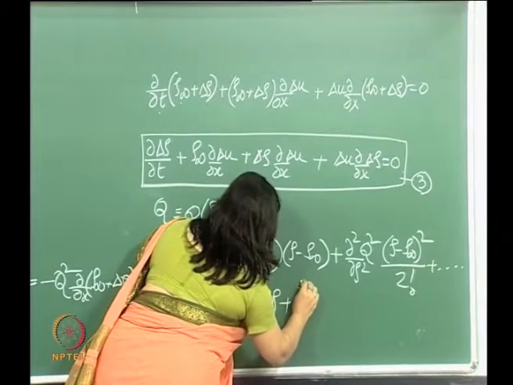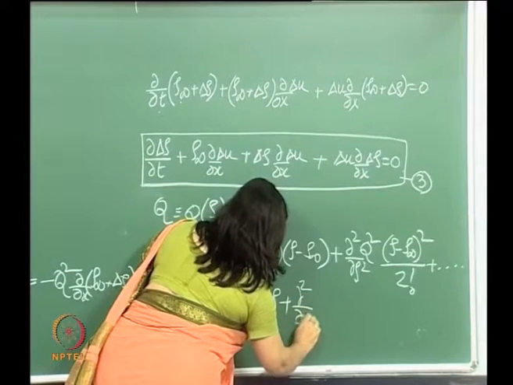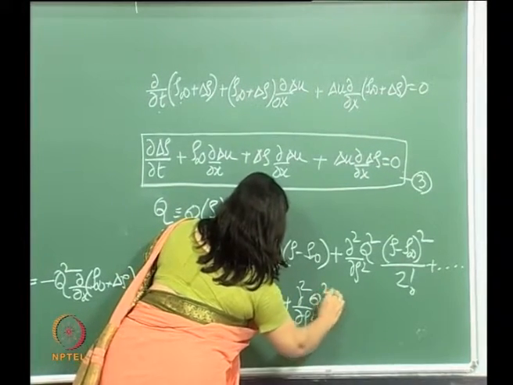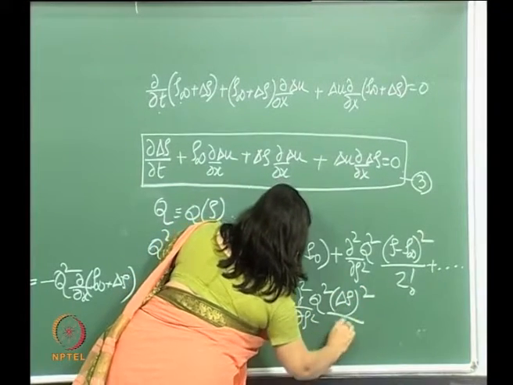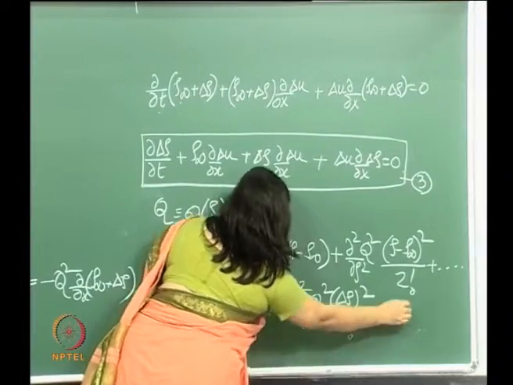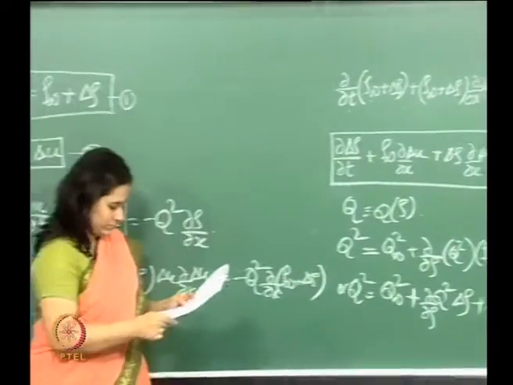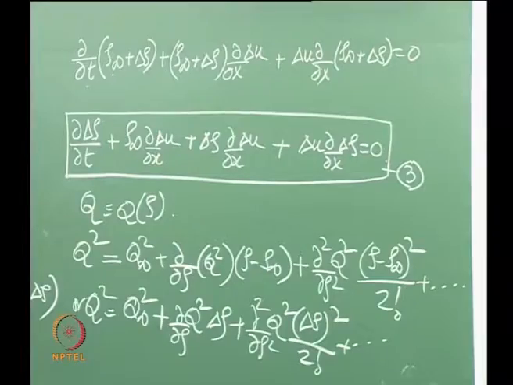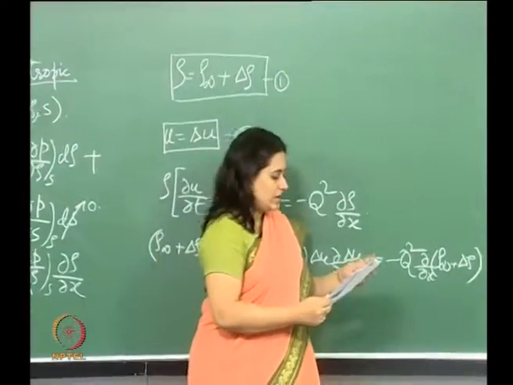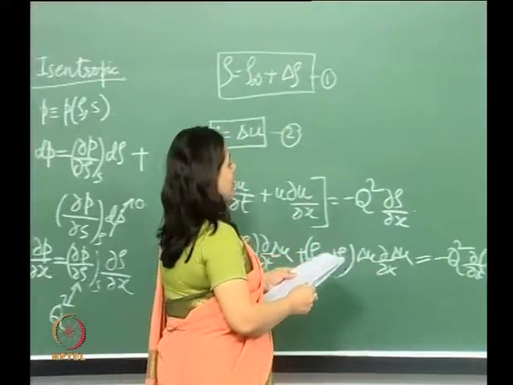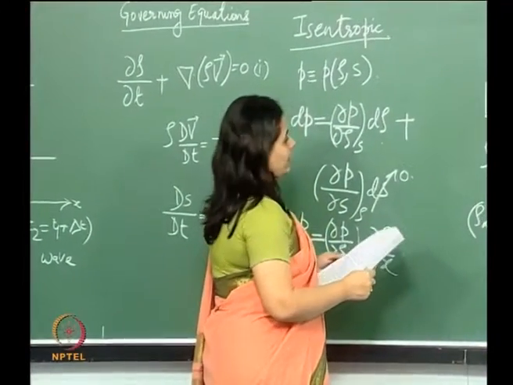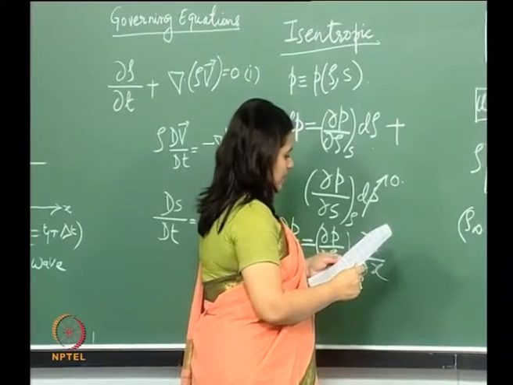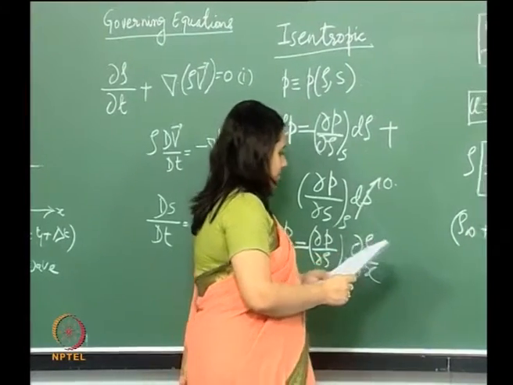So, then this becomes, right. So, q square is something that I can write like this. So, therefore, now if I were to combine these equations, okay.